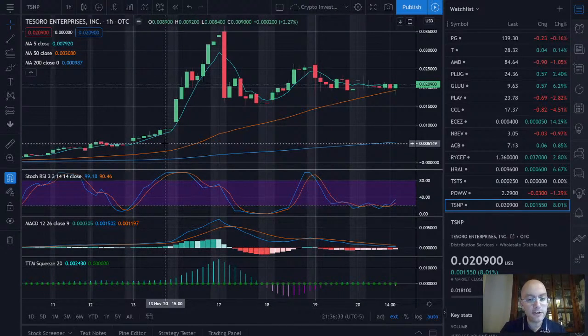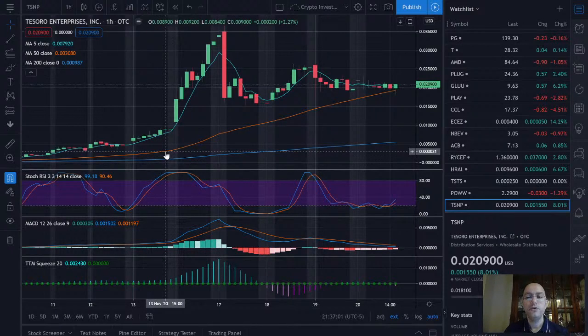So let's look at that chart here of TSNP. Notice right here, we entered into the overbought area. However, if you would have dropped your shares or stocks at this level, you would have lost all of this potential gain. You would have probably been very, very disappointed.